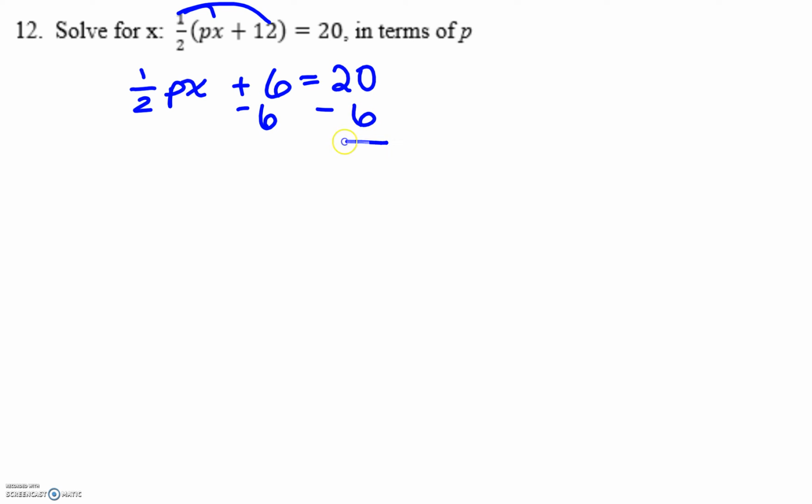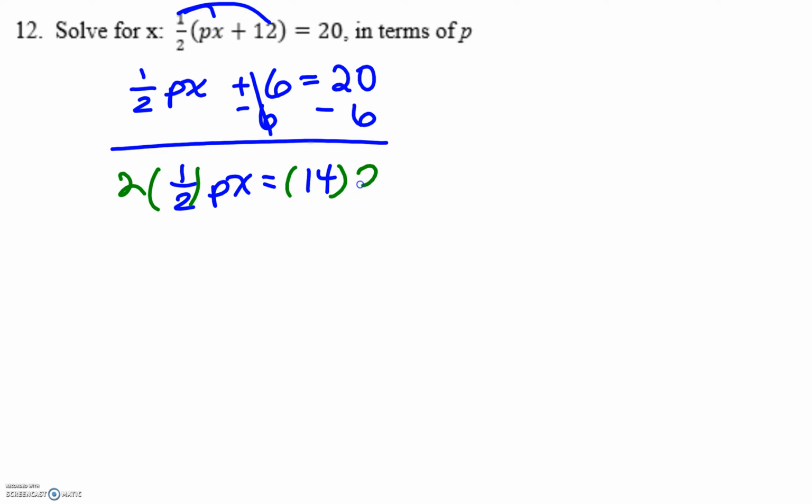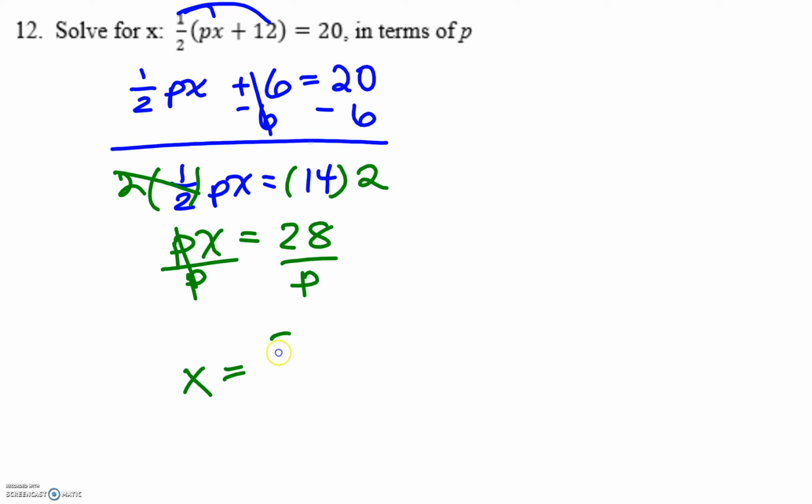Subtract the 6. 1/2 px equals 14. Now to get rid of the 1/2, I could either divide by 1/2 or multiply both sides by the reciprocal. And my final step, get rid of the p. X is equal to 28 over p.